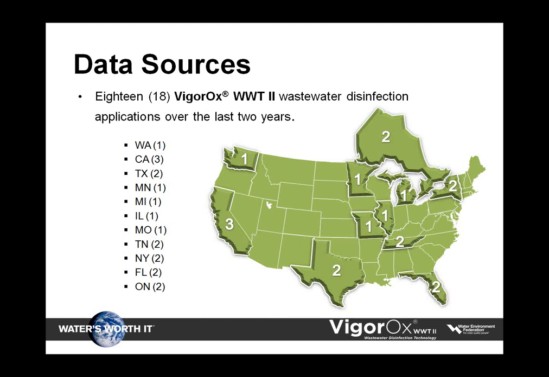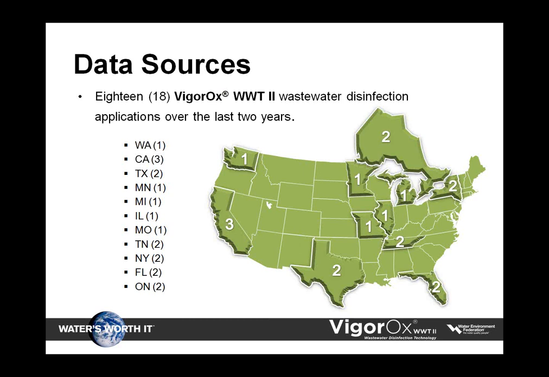As a quick note, the first formulation FMC introduced for wastewater, called Vigorox WWT, was a 15% PAA, 10% hydrogen peroxide mix. After some testing, we replaced it with Vigorox WWT2 to increase the peroxide content to 23%, since it had showed better disinfection performance in the field.